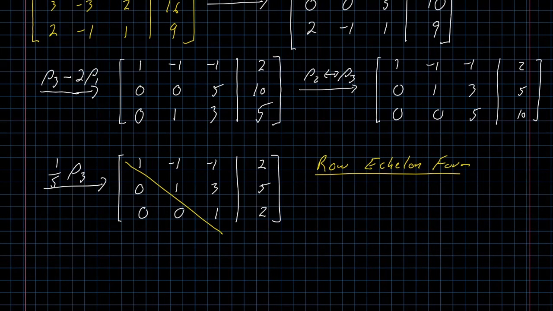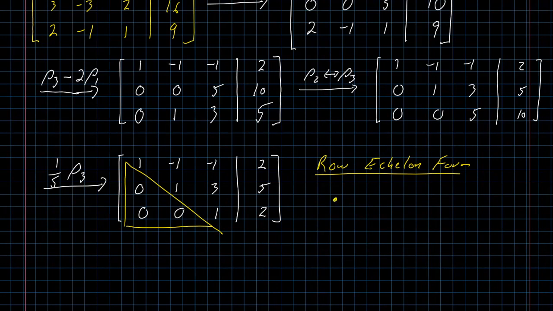I want to be able to draw a triangle so that that triangle has all zeros in it. Being able to draw that triangle at the bottom left of the augmented matrix where everything is a zero is the way of recognizing that you have row echelon form.